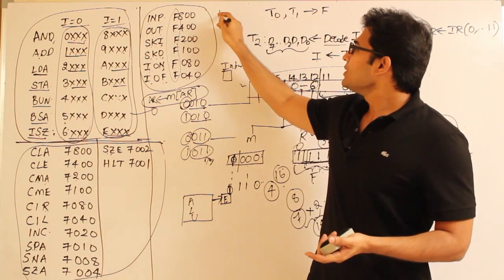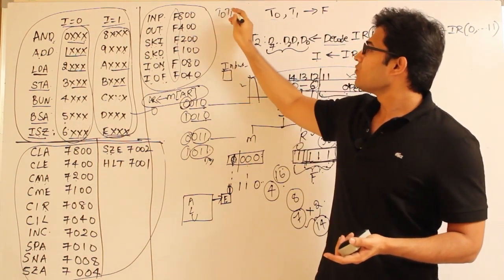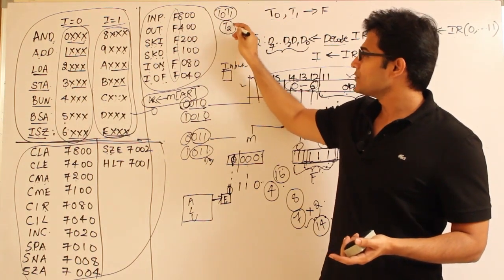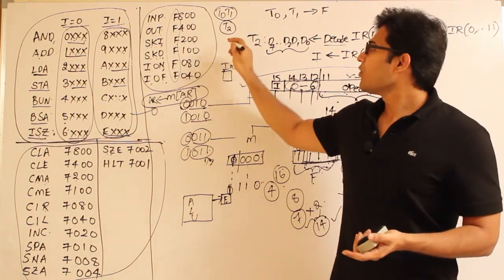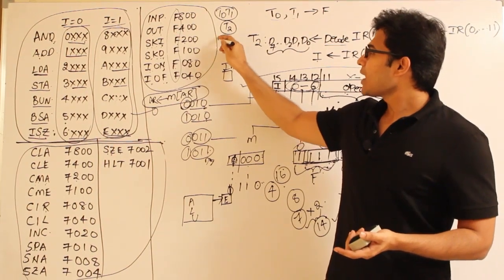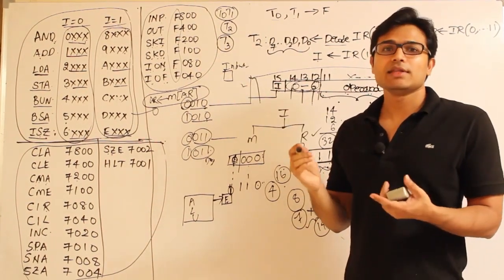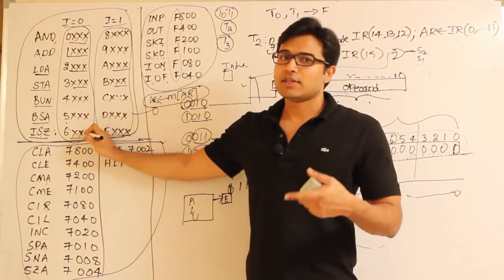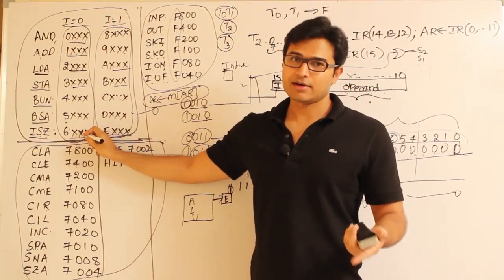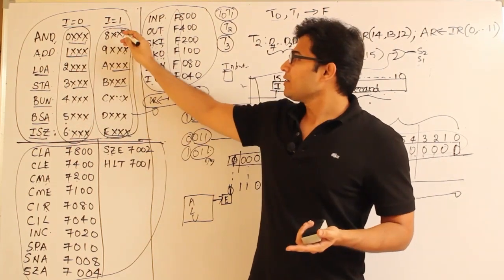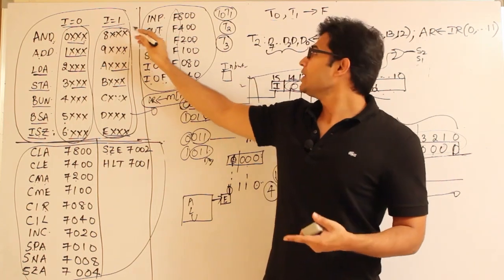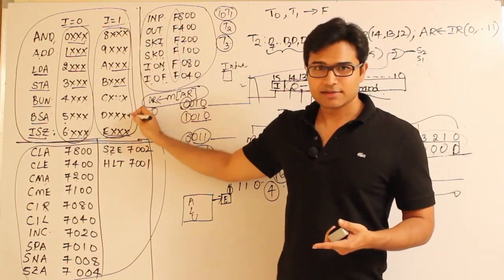Now what does it mean? If you are spending T0, T1 for fetching the instruction and T2 for decoding the instruction, now in T3 you need not do anything in case of these instructions. Whenever the address is given directly, you need not get the address of the operand in T3, but in this case you do.